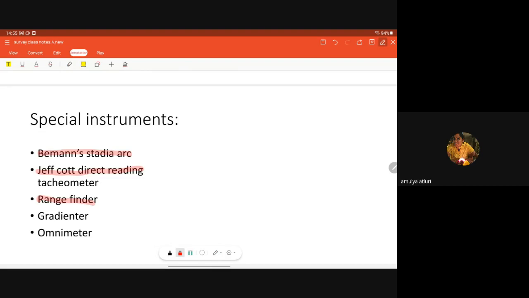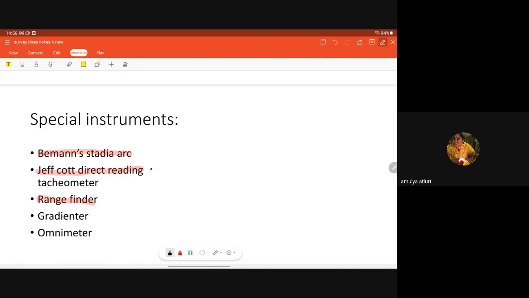These special instruments are used to calculate the vertical angles. Jeffcott direct reading tachometer has a special diaphragm with fixed pointers and mobile pointers. From that we will calculate the horizontal and vertical distances.